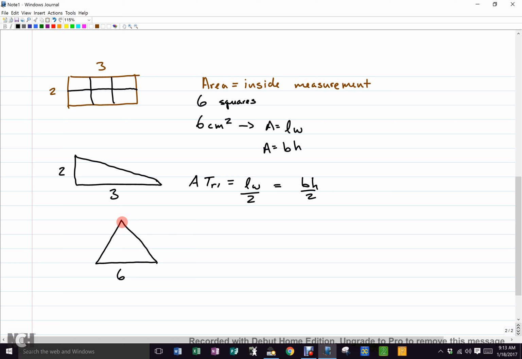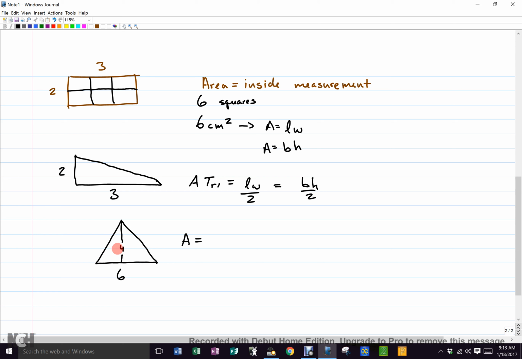What's the area of this triangle? There's two separate areas. No, this is not a line in the triangle.